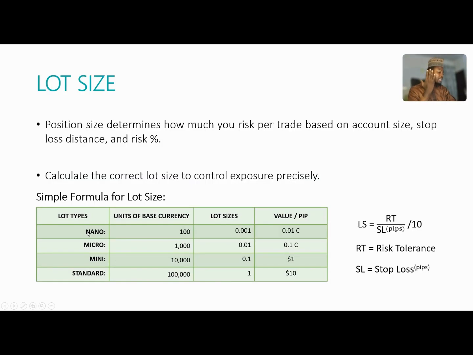A lot of brokers don't support nano. I decided to show this nano to you for educational purposes, though some are still supporting it, but most brokers don't really support nano. So with your $10 you cannot trade gold properly on the 15 minute. Maybe you have to go down to 1 minute for you to be able to trade gold.